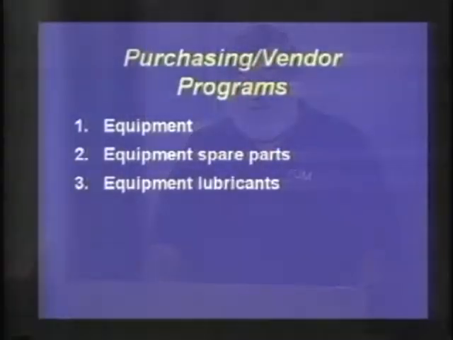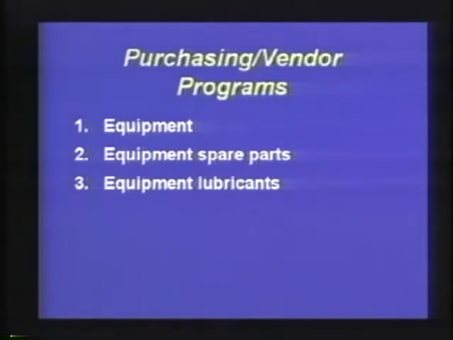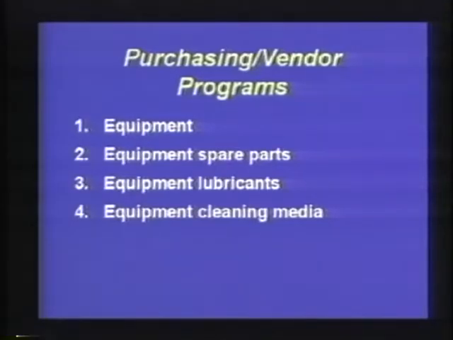Third is the equipment lubricants, and many lubrication suppliers can help you set up a lubrication system which would support the lubrication PM program, and this would be a good input into having, let's say, machine operators participate in the lubrication program. 4 indicates the type of cleaning that may be required relative to support your equipment and assets.